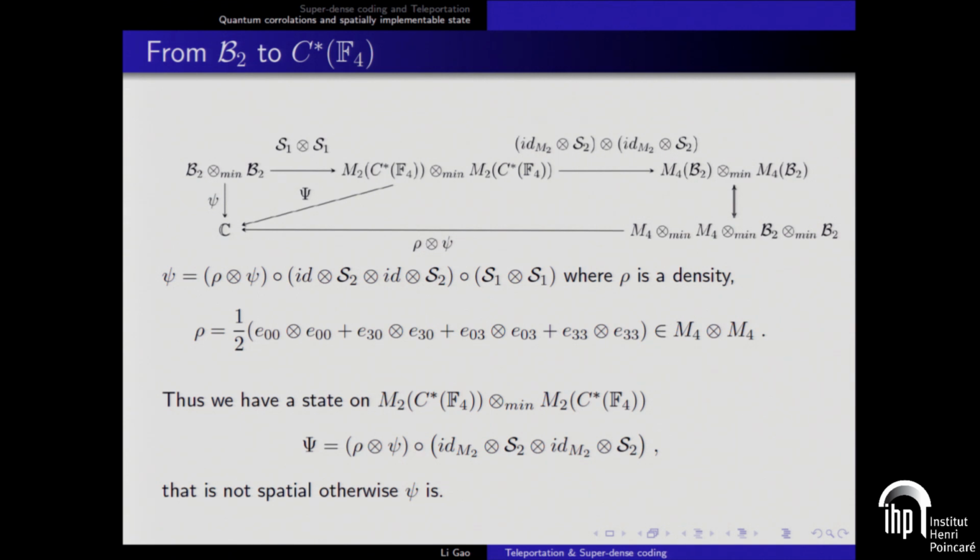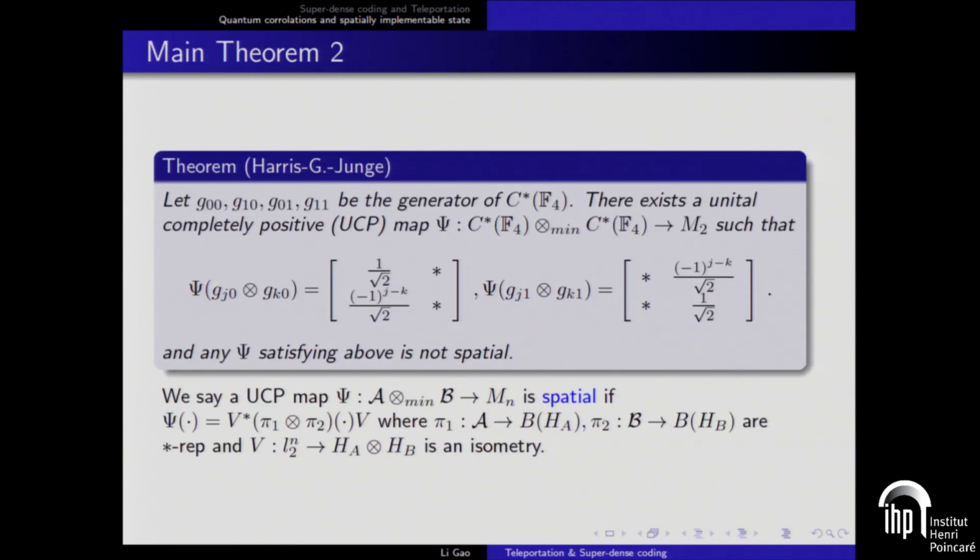But we'd like to translate it to this form, a UCP map taking values in 2 by 2 matrices. So if we have this as the generators of the free group F_4, the C-star algebra of F_4, then there exists a unital completely positive map from the minimal tensor product of this C-star algebra with itself to the 2 by 2 matrices, taking values like this.